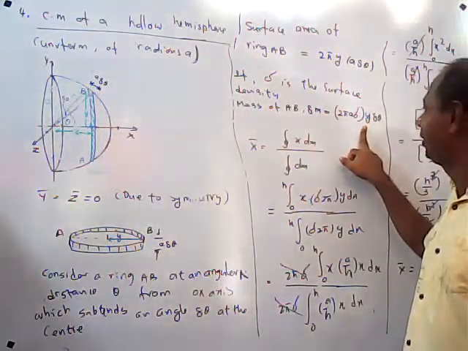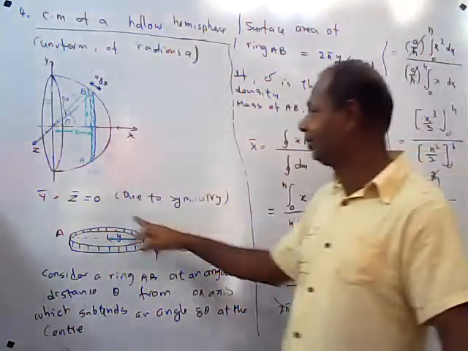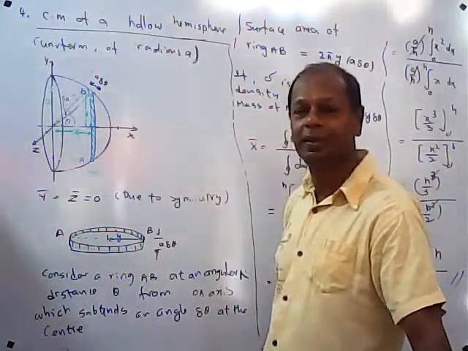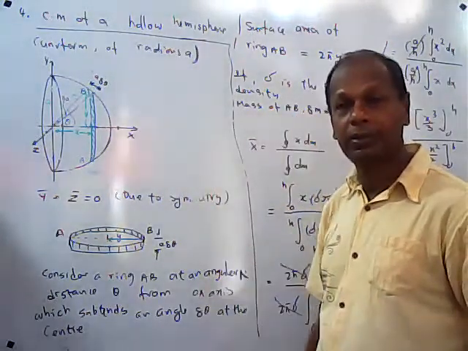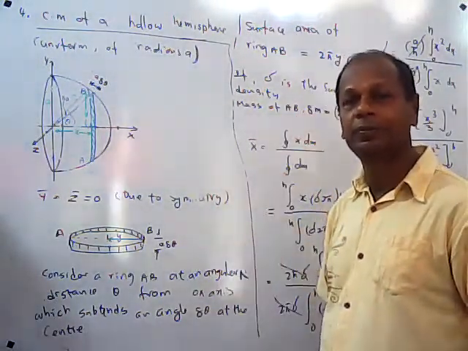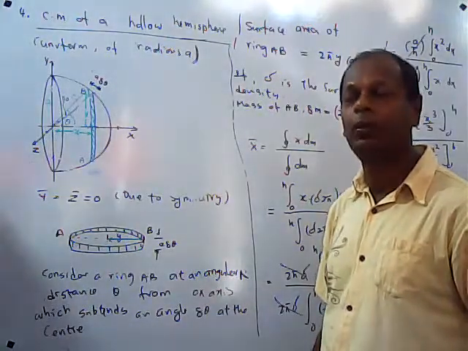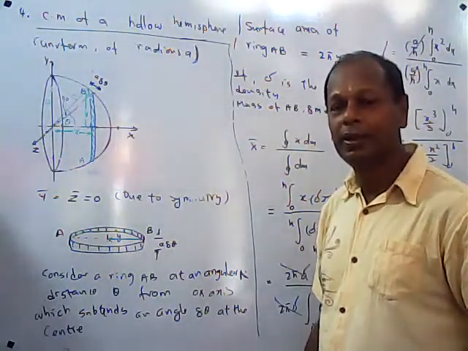Then can we keep things in x and y? Can we go ahead with x and y once we come to the integral? No, all the variables should be in theta, right?